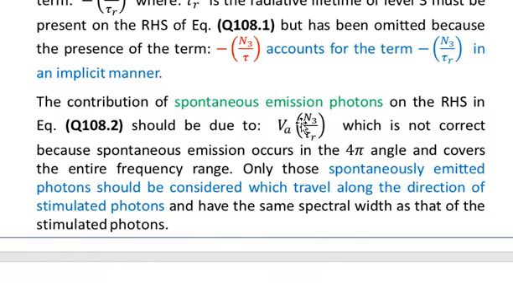That is, the presence of this term is not correct, because the spontaneous emission occurs in the 4 pi angle and covers the entire frequency range. Whereas the effect of this term is that only those spontaneously emitted photons should be considered which travel along the direction of the stimulated photons and have the same spectral width as that of the stimulated photons.